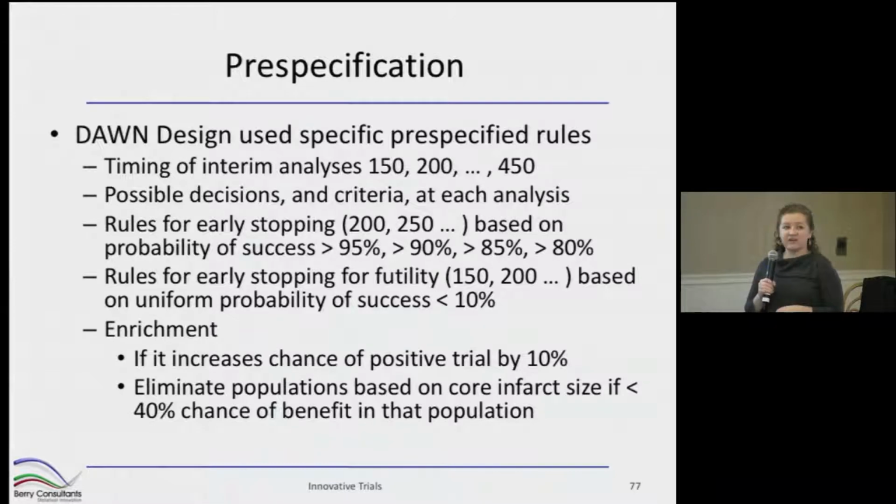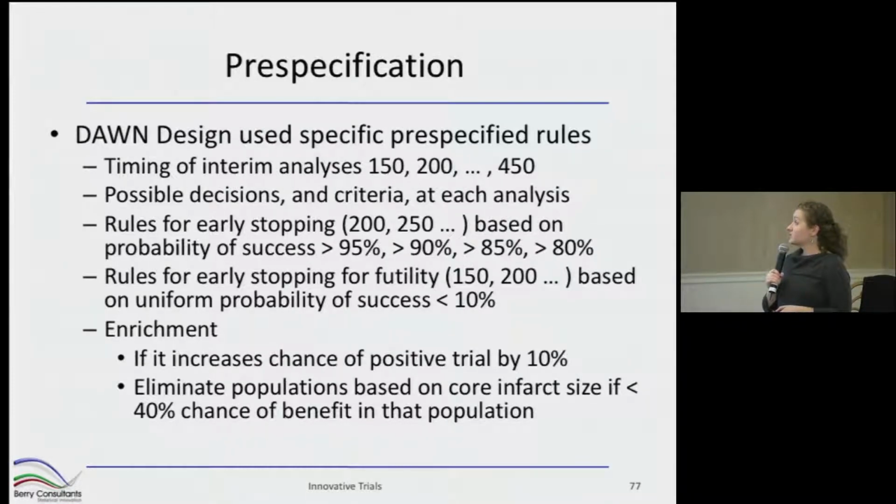So everything about this design was pre-specified. They actually wrote up a methods paper describing their methods. So the sample size was a maximum of 500, and they had multiple interim analyses, starting at 150, 200, all the way up to 450. And they pre-specified what types of decisions could be made at each interim. So at some interims, they had the possibility of enriching. At some interims, they had the possibility of stopping the trial.